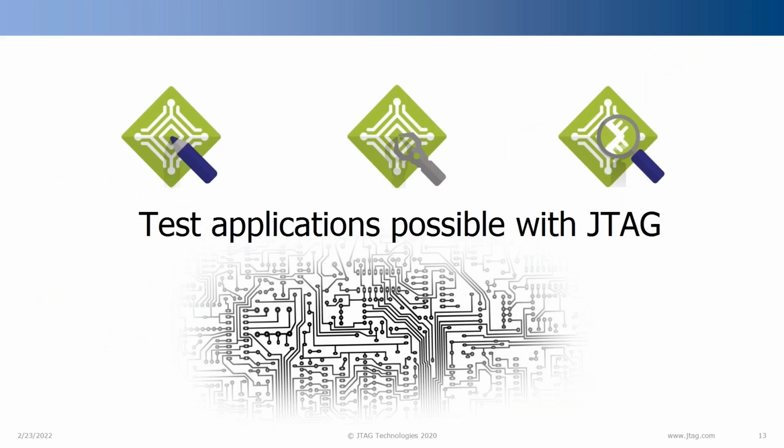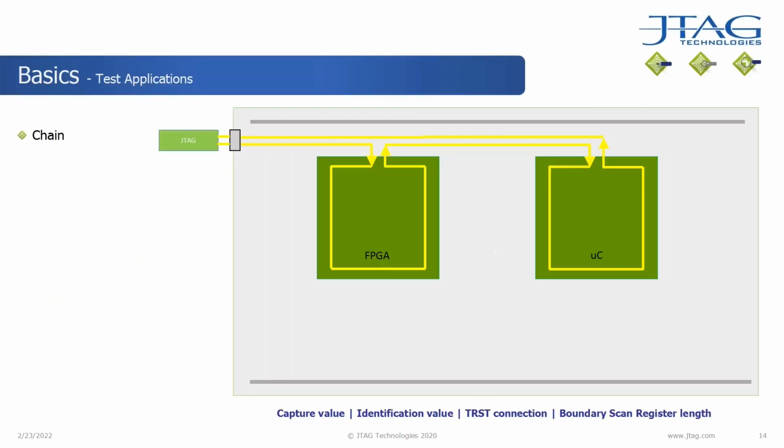So let's move on. What are the test possibilities with JTAG boundary scan? Well, the first thing we want to do is test for the functionality of the boundary scan itself. So we see here a circuit board depiction with two boundary scan compliant devices on it, an FPGA and a microcontroller in this case. And we see here shown the test data in and the test data out signals.